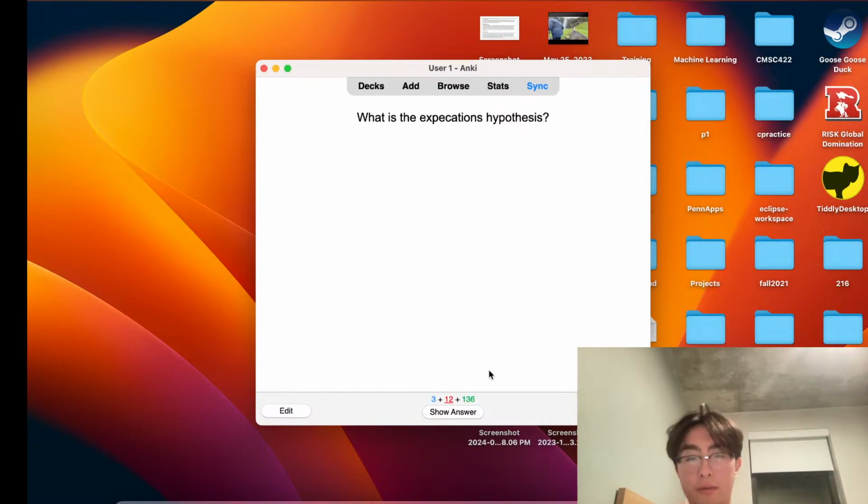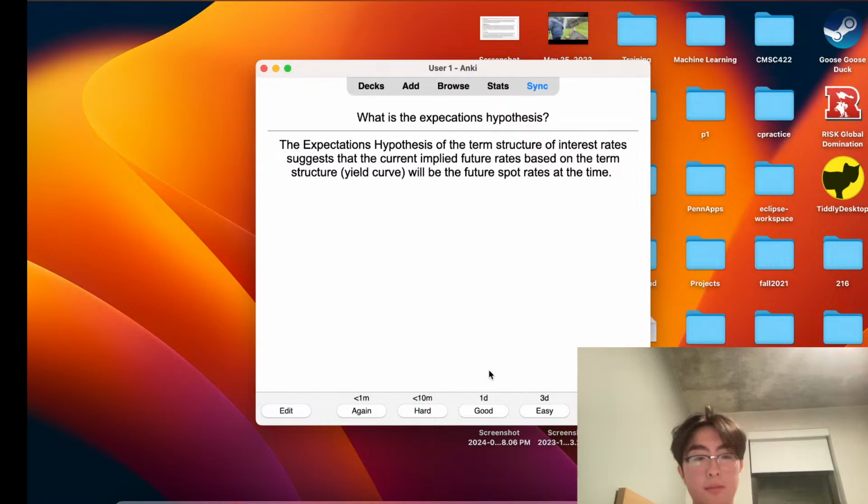And so that implied future rate is the return of the 3-year treasury that you would receive to make sure that the returns on rolling over are the exact same as the returns of just holding your investment. So the expectations hypothesis believes that the implied future rate is going to be the actual interest rate you receive.